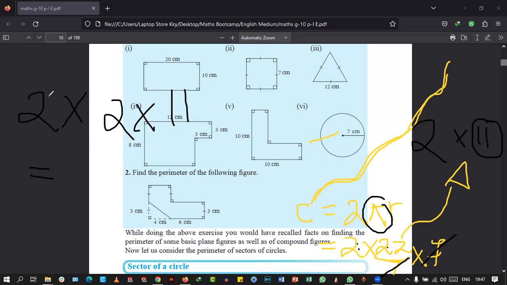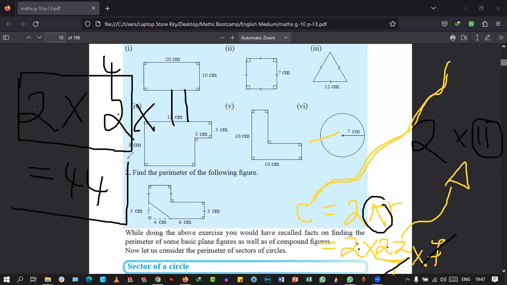Since we are learning mental mathematics, you multiply 2 and 2, which equals 4. Now multiply this 4 by 11, so that will be 44. For this particular question, it's not tough. It's very simple.